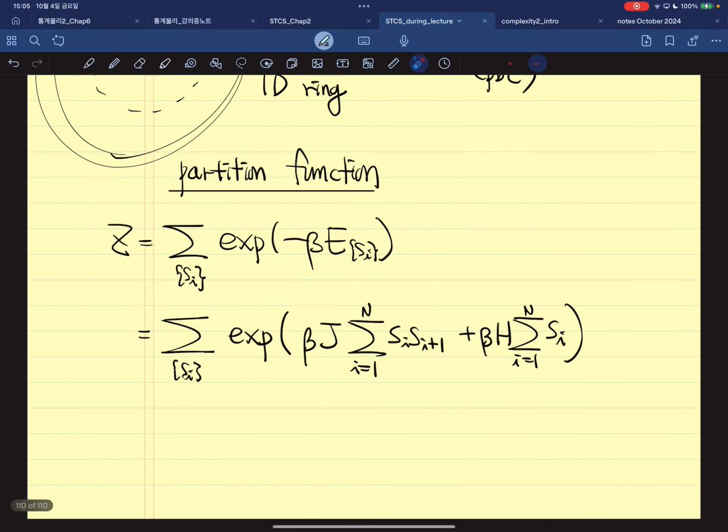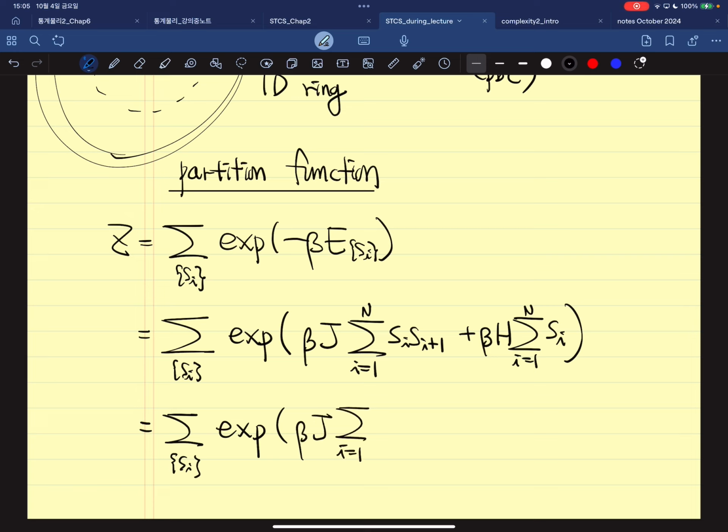So we have to solve this one, and for some reason that will be useful later, let's write down this part actually like this.